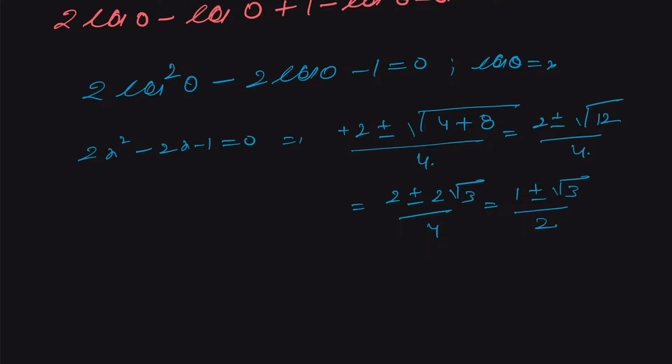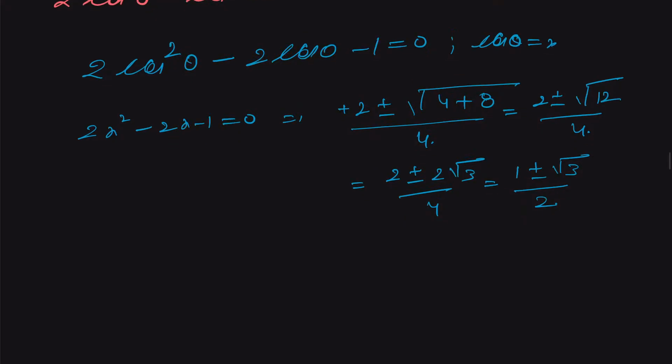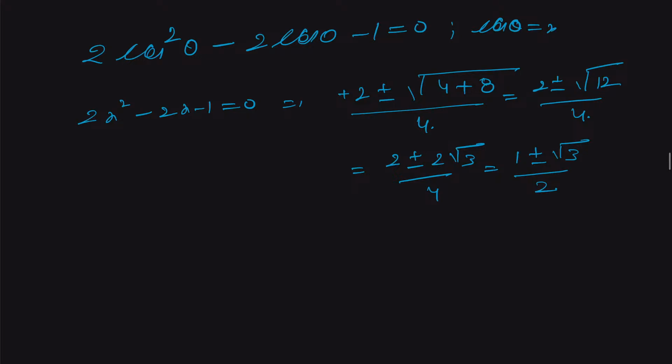Okay. And so square root of 3 is 1.7. Okay, so therefore we can say that the value of x will be equal to 1 plus square root of 3 divided by 2.